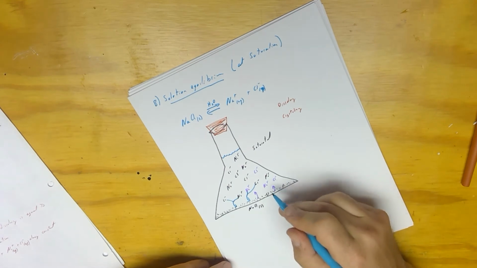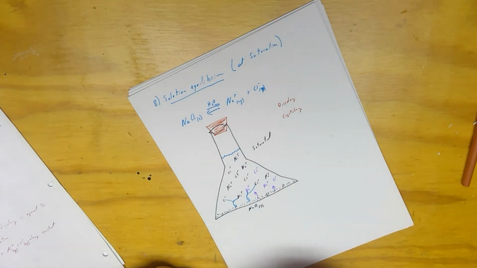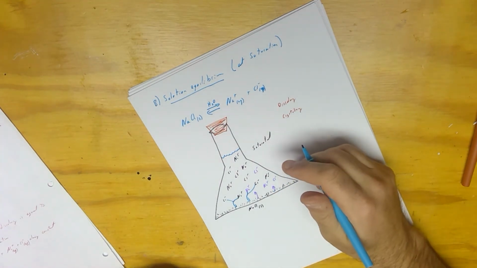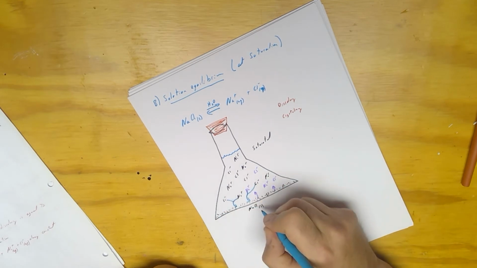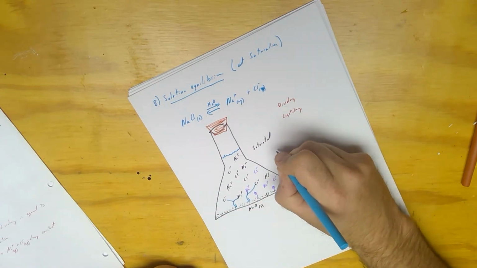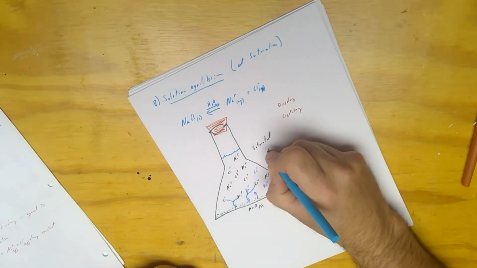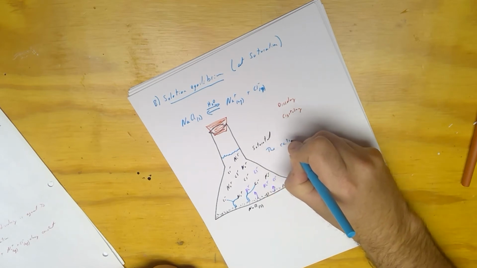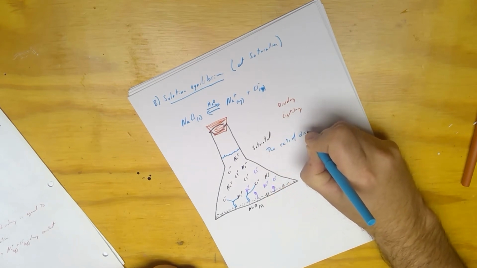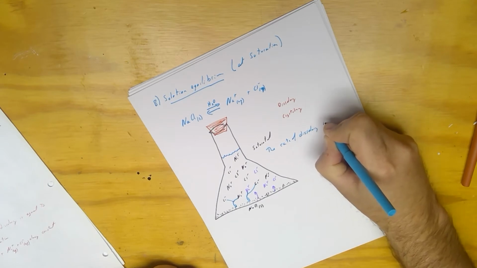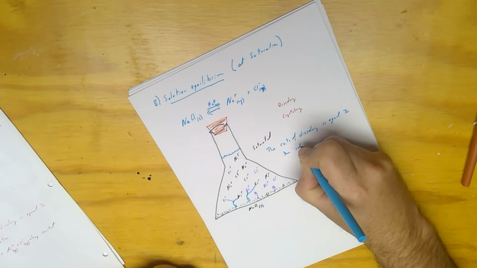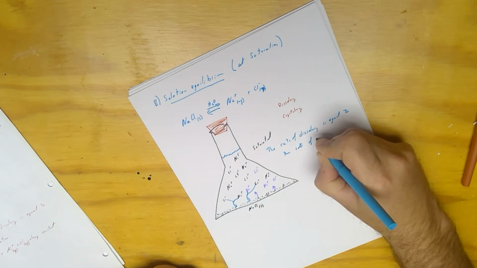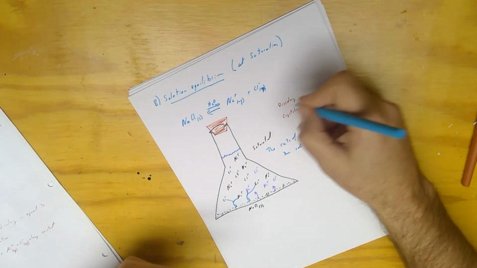At saturation, if this is at equilibrium, what's equal? Well, remember, it's the rates of the processes that are equal. So at equilibrium, in the solution equilibrium, the rate of dissolving is equal to the rate of crystallization or precipitation, or whatever you want to say.